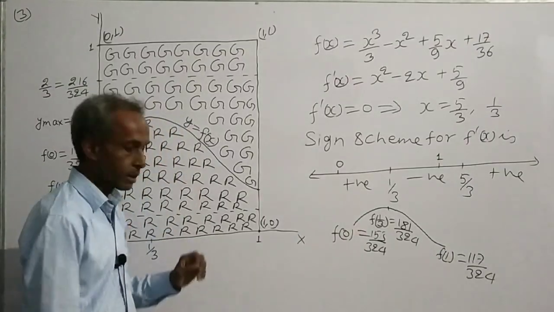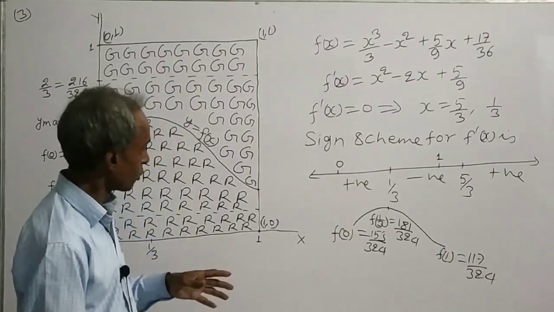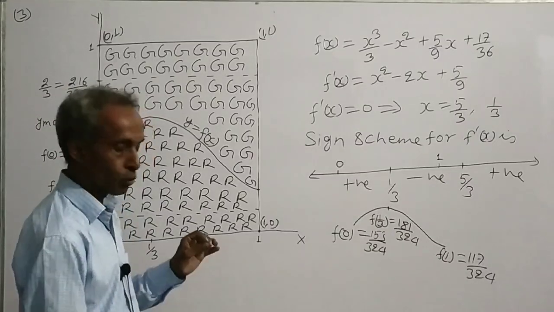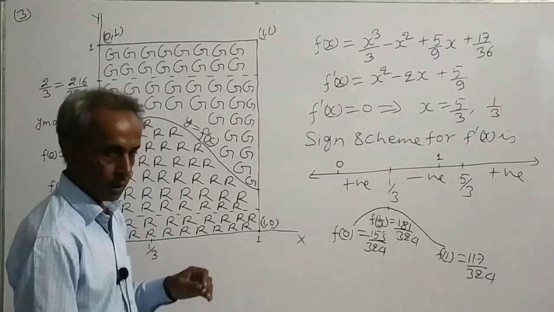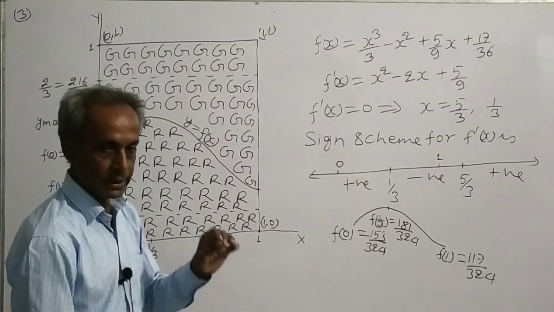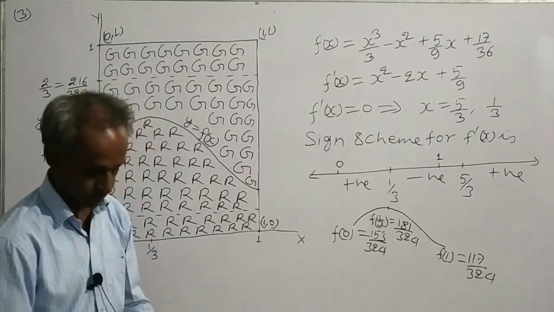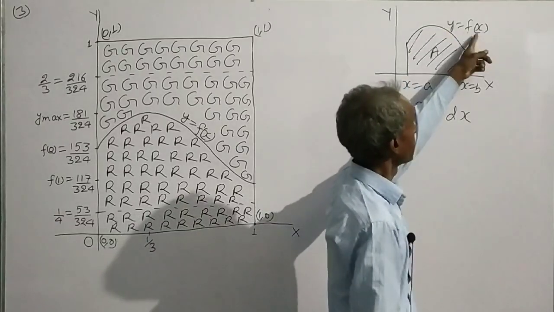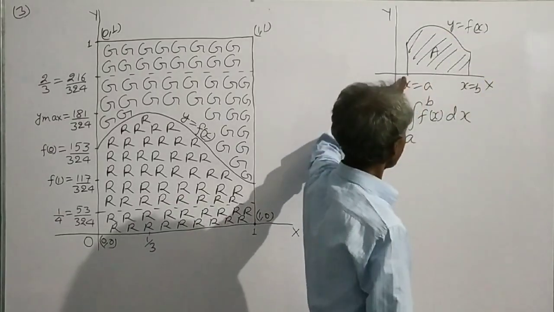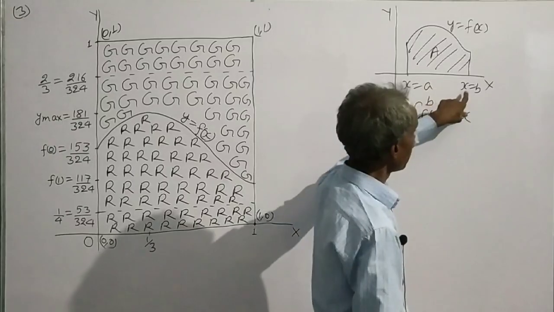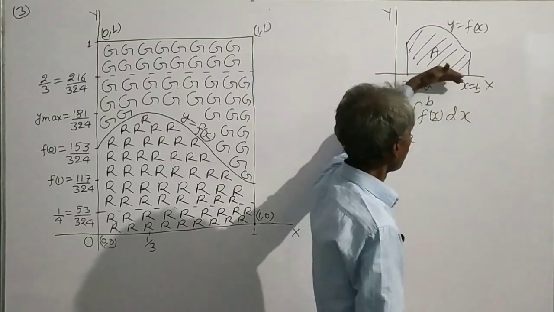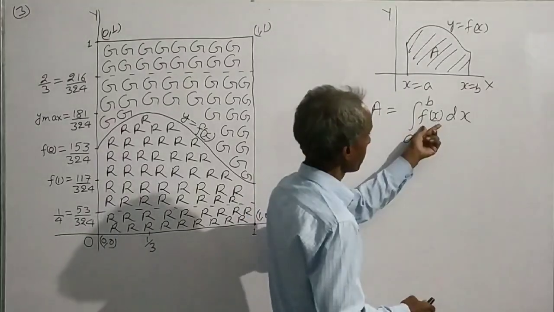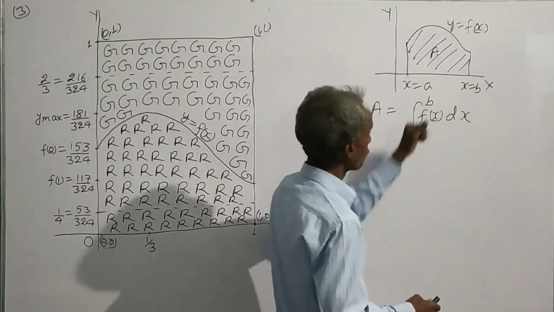For that purpose, we will use a formula that we have read in the 12th class math book, in the chapter on area bounded by the curve. We know that the area bounded by the curve y = f(x), the straight lines x = a and x = b, and the x-axis is given by the integration of f(x) dx from a to b.